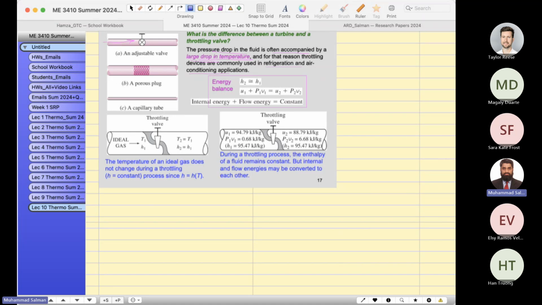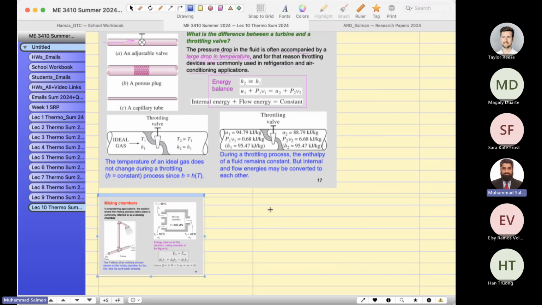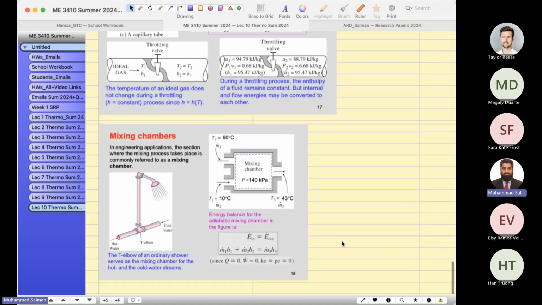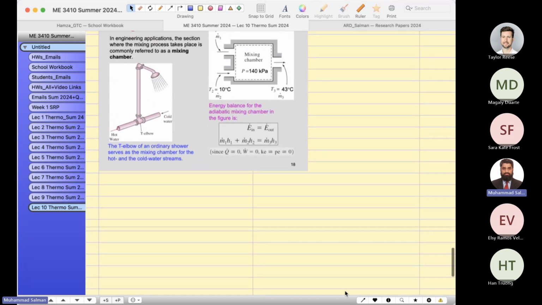Then comes another concept of mixing two pipes, like a shower. If you are taking a shower, you need to open the valve for the hot water and for the cold water to have a comfortable temperature, and then you can apply the first law of thermodynamics.